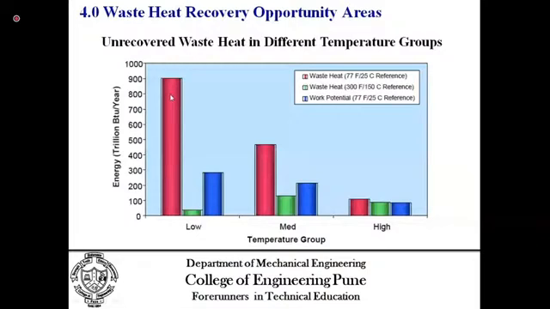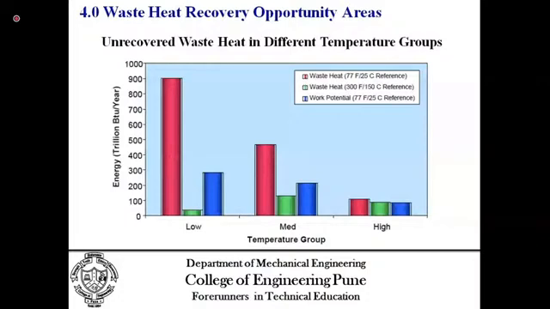But as we know, this is theoretical. We cannot go to 25 degrees Celsius. It is not feasible. So there has to be some feasible lowest possible temperature. Conforming to the coal-fired boiler, wherein mostly the highest amount of waste heat is there, the reference temperature is taken as 150 degrees Celsius.